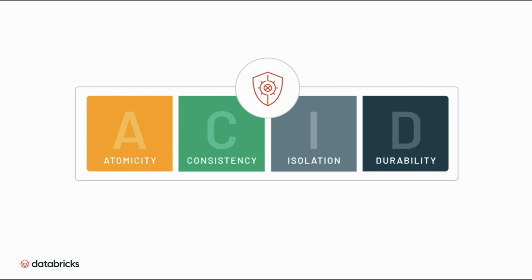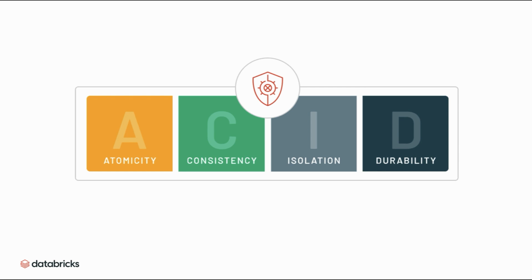ACID refers to a standard set of guarantees that most databases are actually designed around. Since most data lakes have multiple pipelines that read and write data at the same time, data engineers often spend a significant amount of time to make sure that data remains reliable during these transactions. With ACID transactions, each transaction is handled as having a distinct beginning and an end.